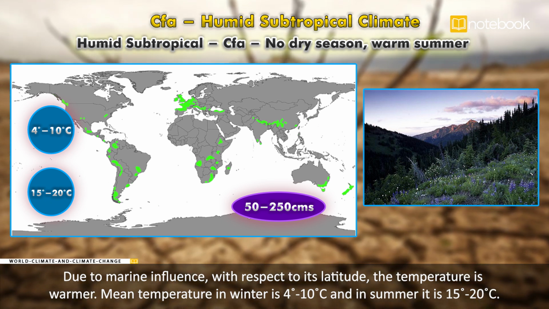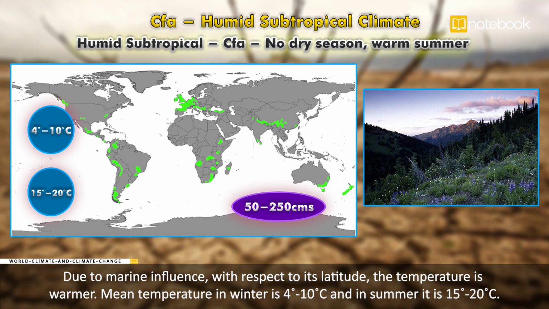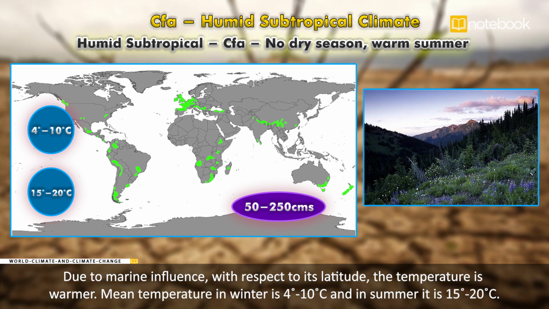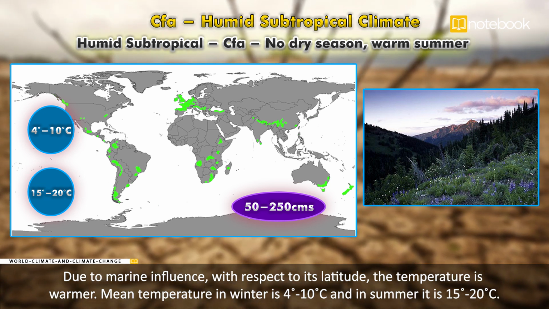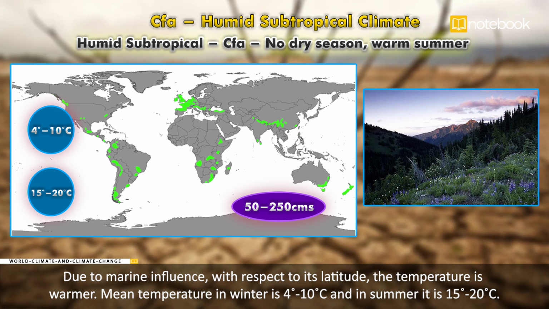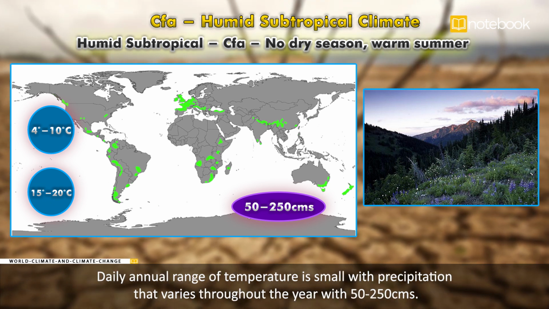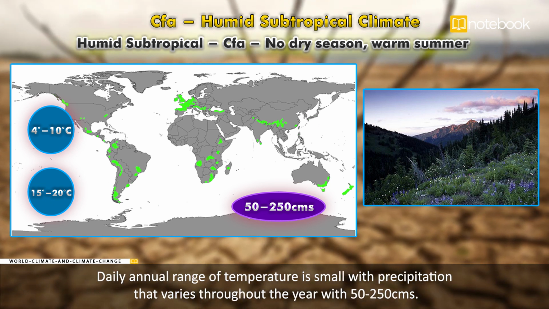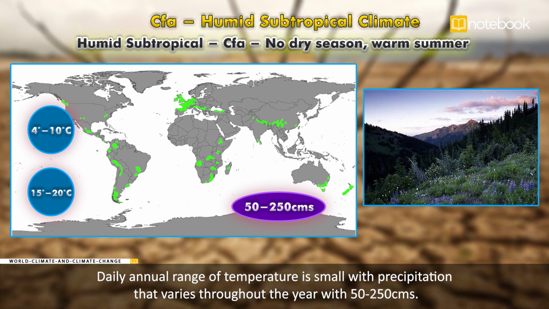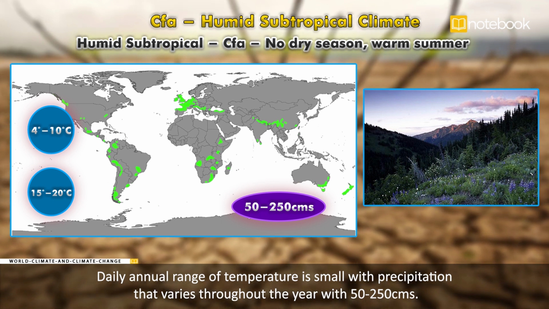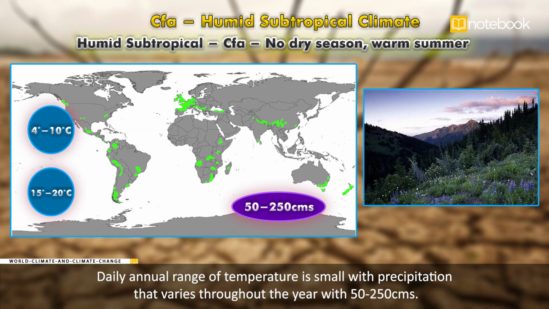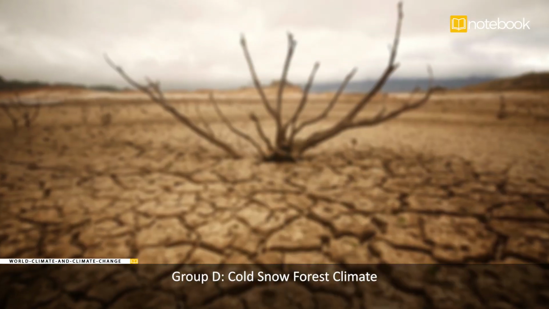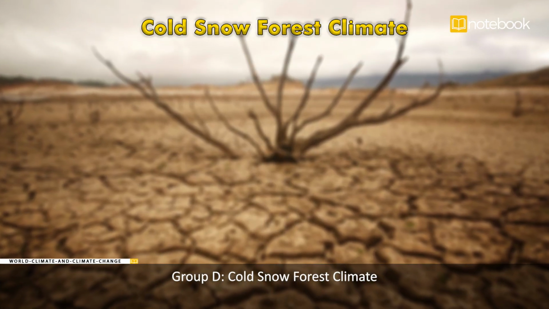Mean temperature in winter is 4 degrees to 10 degrees Celsius, and in summer it is between 15 degrees to 20 degrees Celsius. Daily and annual range of temperature is small, with precipitation that varies throughout the year from 50 to 250 centimeters.